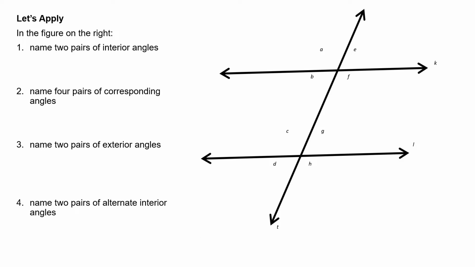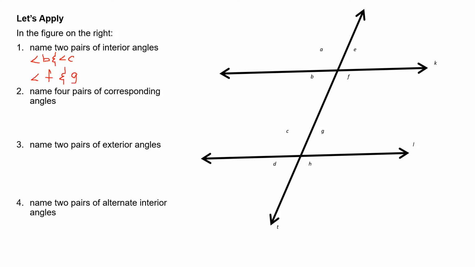The first pair that we have is angle B and angle C. And then the next pair is angle F and angle G. They are both located on the interior part of our figure of the transversal line.